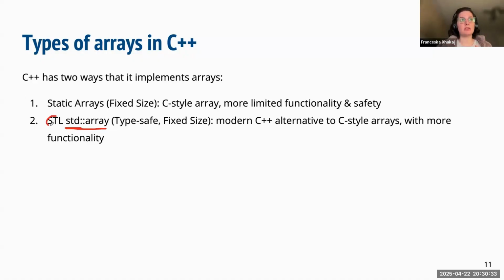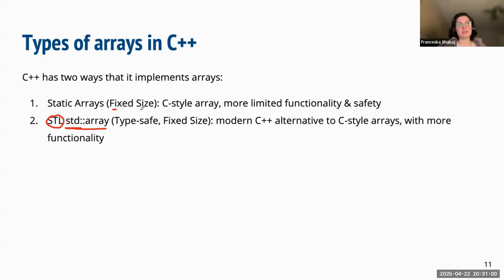STL is something that you will come across quite a bit in C++. It's a collection of pre-built functions and classes that provides you common data structures. So if you needed to use a data structure in C++, you could use something from STL. In this course, we're going to be implementing a lot of data structures from scratch, to see how they work internally, but STL simplifies programming quite a bit.